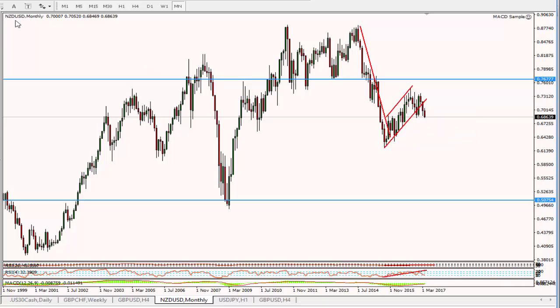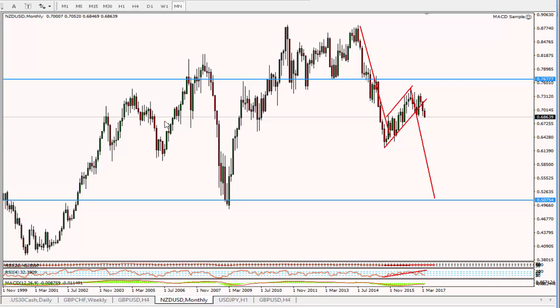Now I am expecting this to move approximately from where it is right now to this zone here, and as we look at that, we could see that this is somewhere around the 500 pip zone. Now two things could happen.